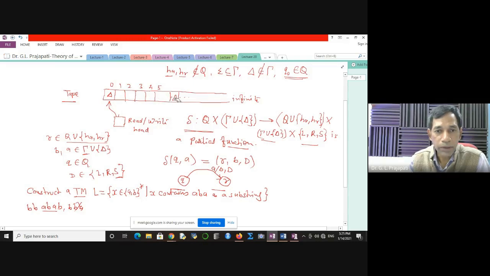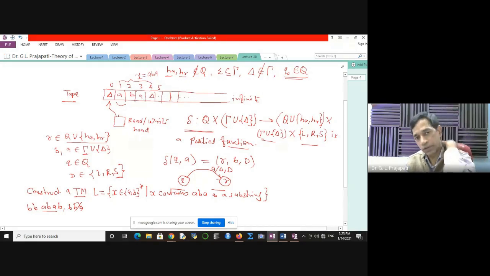Starting from square 1, we have the input, and this input does not contain any blank symbol. If X is equal to ABA, for example, then you have A here, B here and A here. Immediately after the A, we have the blank symbol, and everything else is blank. We don't require to mention that, since once there is nothing in a square of the tape, it contains the blank symbol.